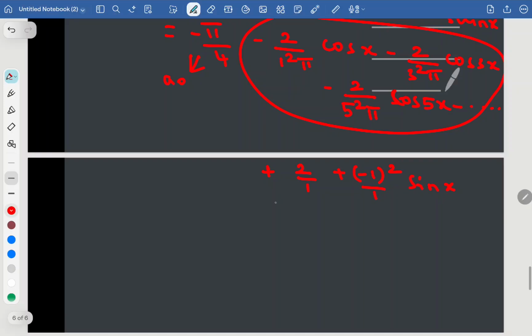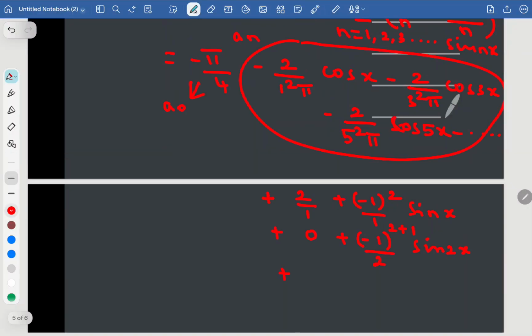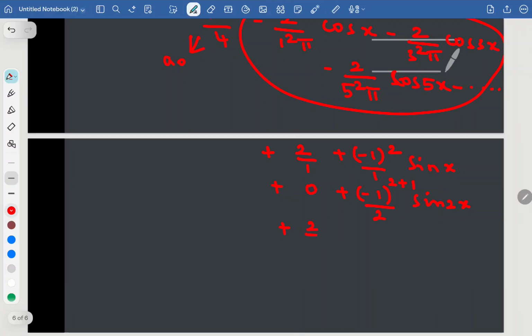If n is 2, even term, this part 0 plus minus 1 power 2 plus 1 by 2 sin 2x. n equal to 3 odd term. Odd term means 2 by n, that is 2 by 3 plus minus 1 power 3 plus 1 by 3 sin 3x plus dot. This is for Bn.